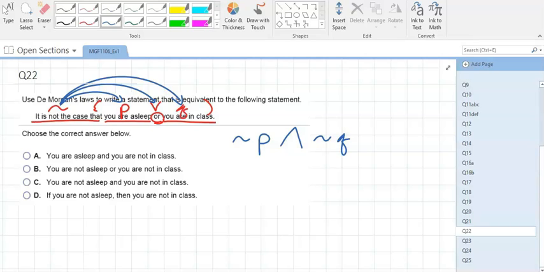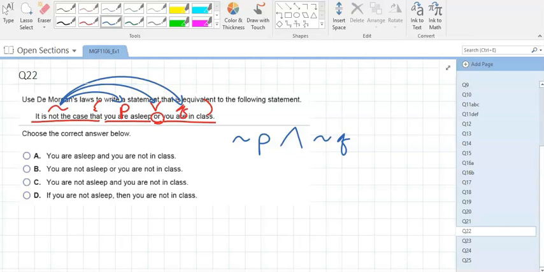We need something that says negate the P up here, you are asleep, with the word and, then a negation of Q. You are in class. So what is the negation of you are asleep? I need something down here that says you are not asleep. And that leaves you with B and C. And then the next symbol has to be an and, right?